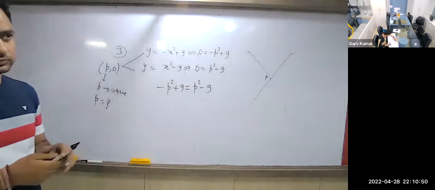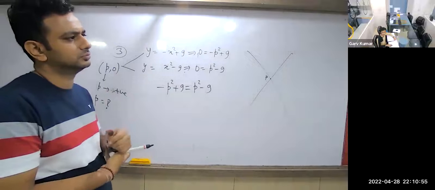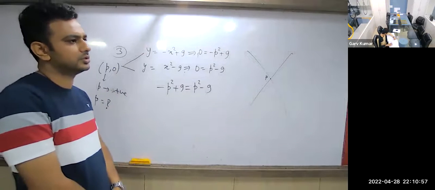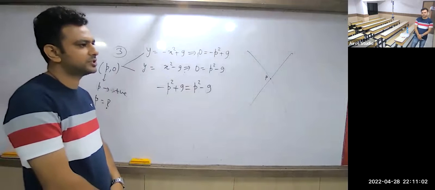So 3. You are getting one value or two values? So the value of P is 3. 3 is correct.